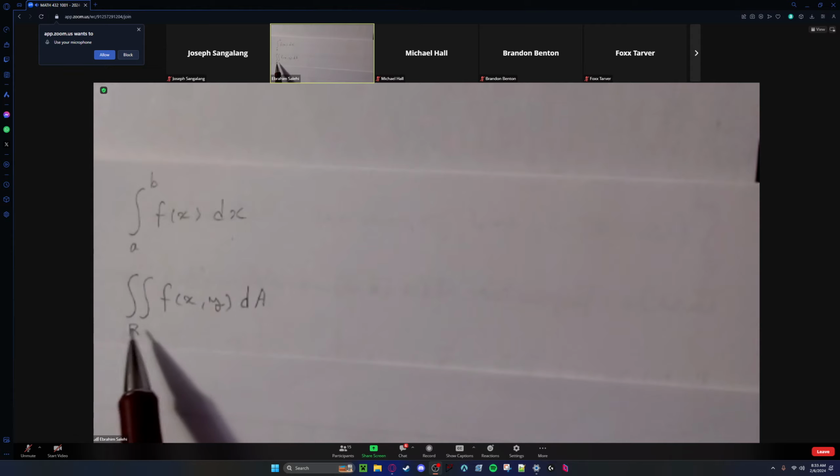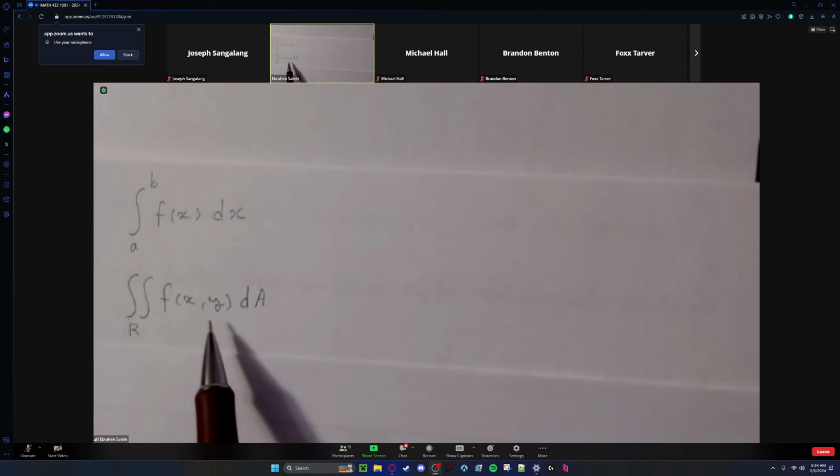And when of course f is non-negative, the geometric interpretation was we are finding a volume of a solid whose base is some part of plane, and on the top is bounded by the surface.